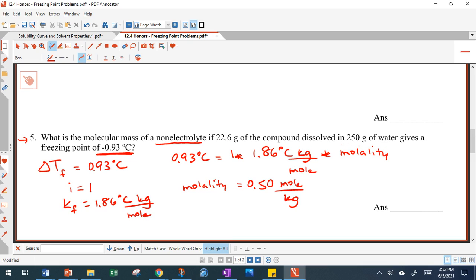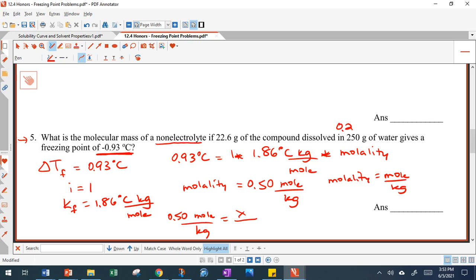Okay, so now we're going to have to solve for moles. We're going backwards. So now we have the molality, remember, is equal to mole over kilograms. So now we're going to plug that in. So we have 0.5 mole over kilograms is equal to X. That's our number of moles. And then we have to convert this into kilograms.